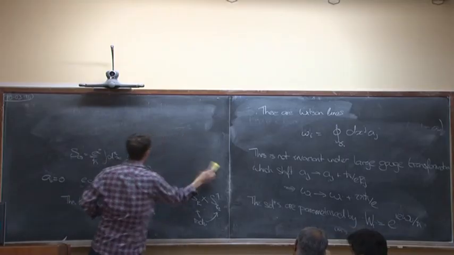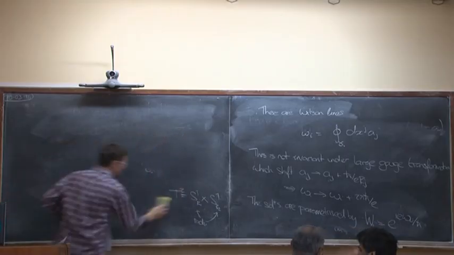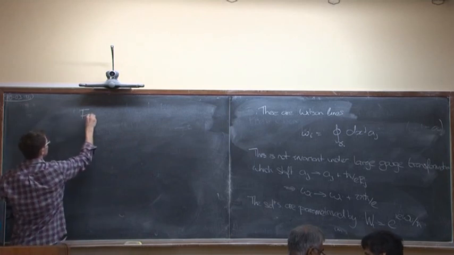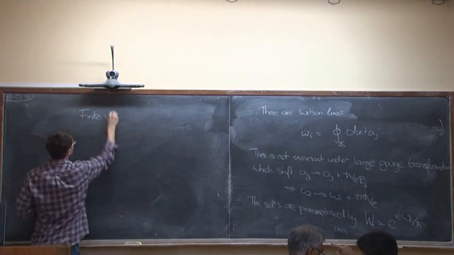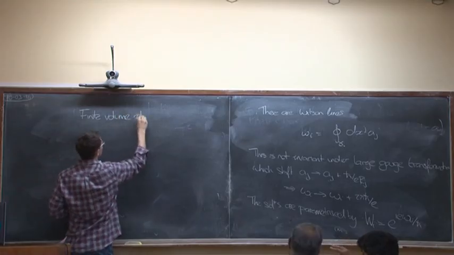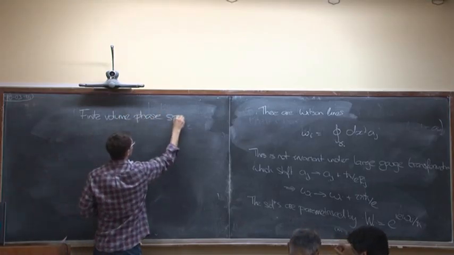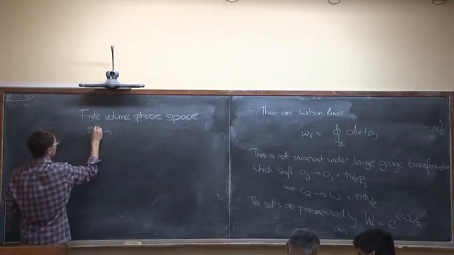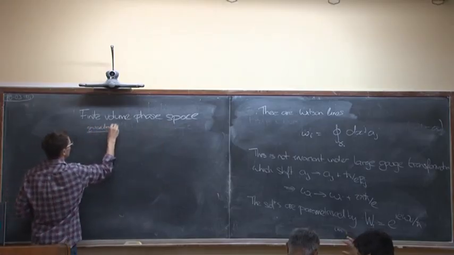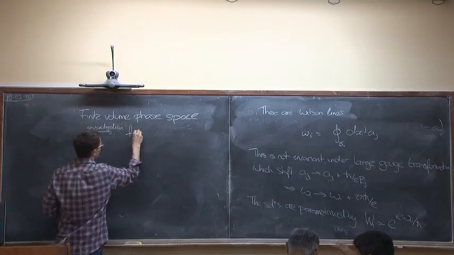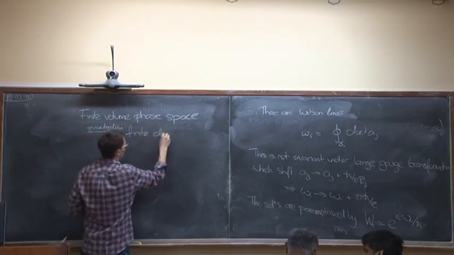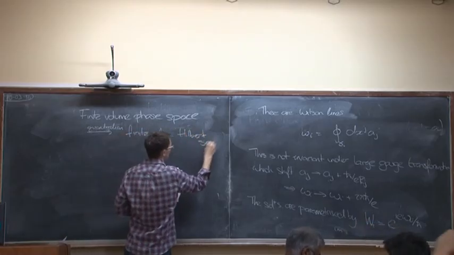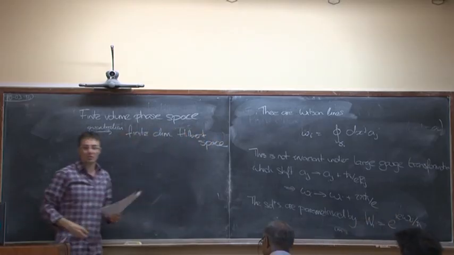Okay, so the key point is that a finite volume phase space on quantization gives a finite dimensional Hilbert space.